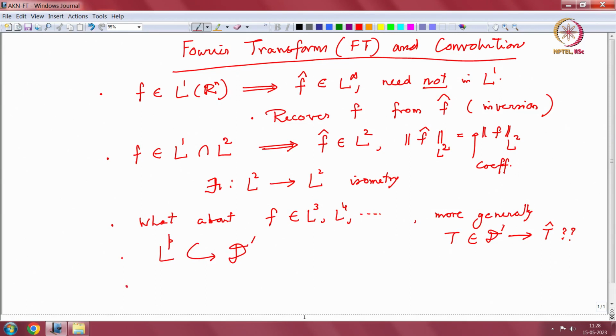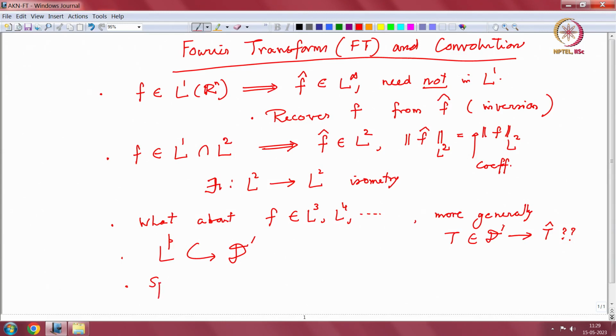What we are going to see is that we cannot define this for every distribution; even defining the Fourier transform from functions is difficult for every function. So, definitely you cannot expect the Fourier transform to be defined for all distributions.